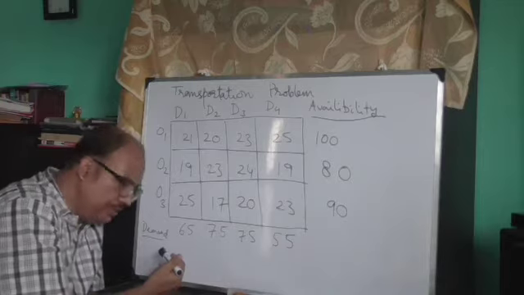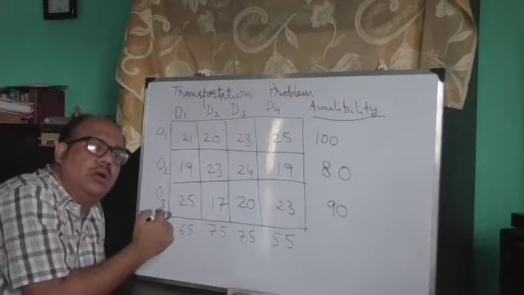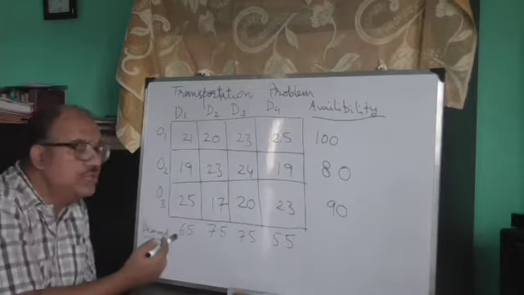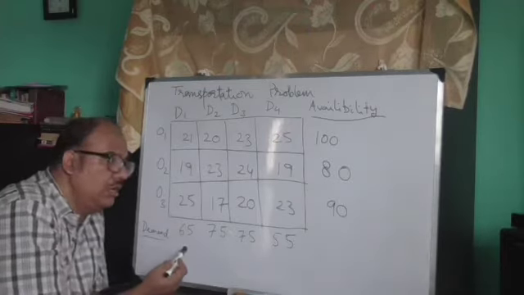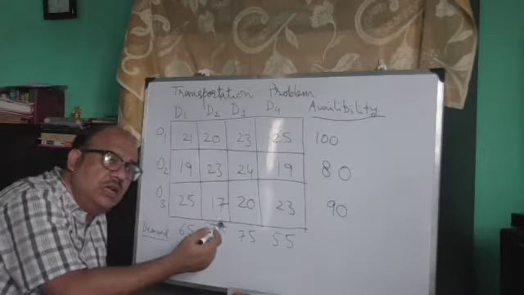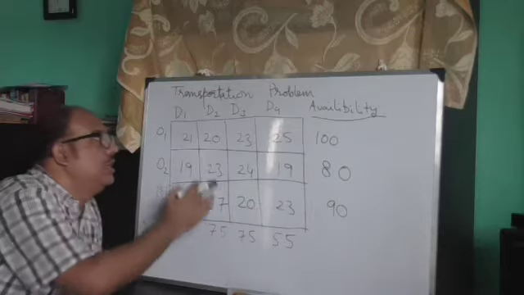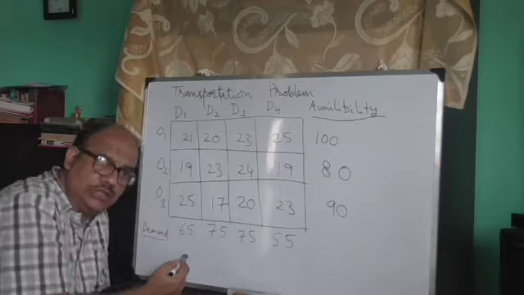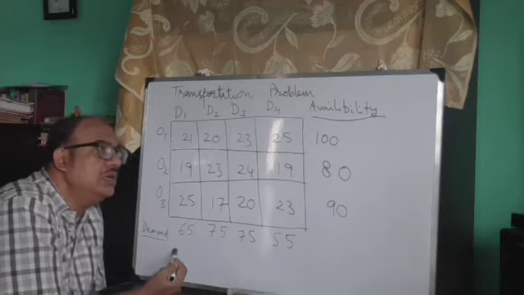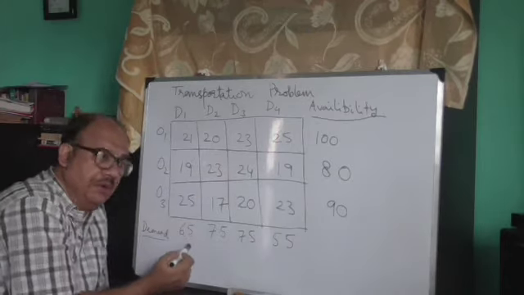That is the objective. We have to transport the finished goods in such a way that the availabilities are exhausted, the demands are fulfilled, which are the constraints, and the total transportation cost is minimum.